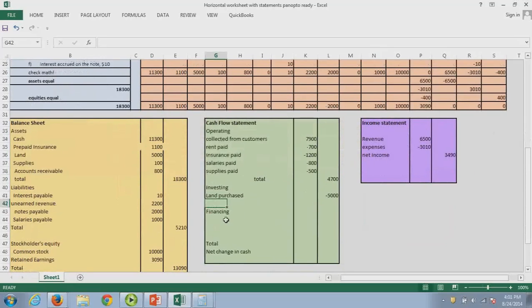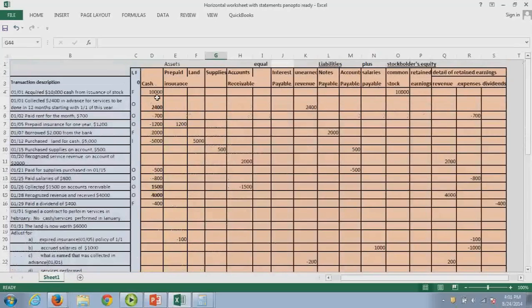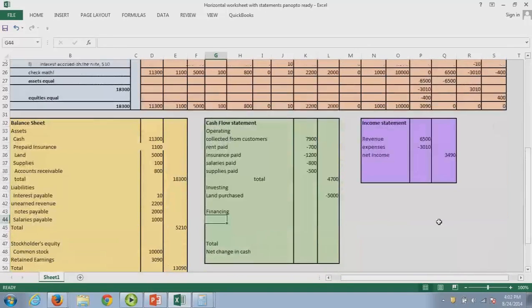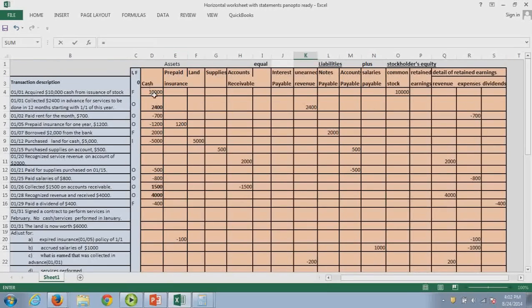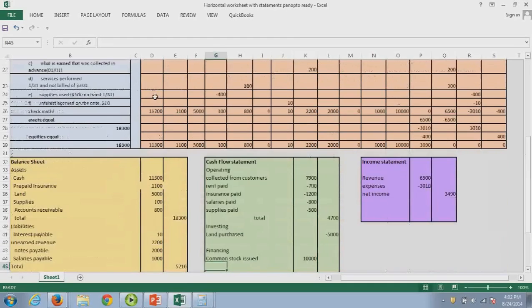And then financing, we did have more than one. So we had cash from owners, cash from the creditors, and cash paid to owners. So we have 3 things. So I'll put common stock issued, which was that first. Cell reference, so we link it to that cell where the 10,000 is.